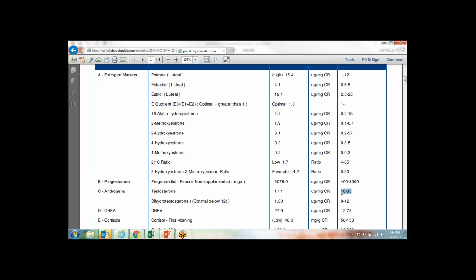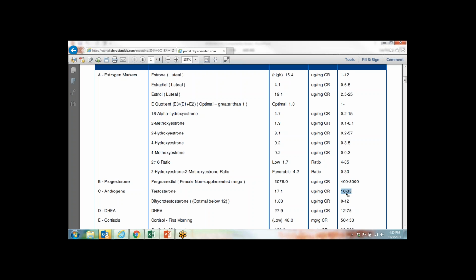Most patients feel pretty comfortable around 23, and because I'm a woman who's 5'7", I don't want to be on the lower side of my 10 to 35. I want to be more in the average to above average side, because my height and my weight play a lot of role in what side of the optimal range I want to be at. If I'm a short woman with a very small build and very thin, I might feel okay right around 10 or 12 in testosterone.